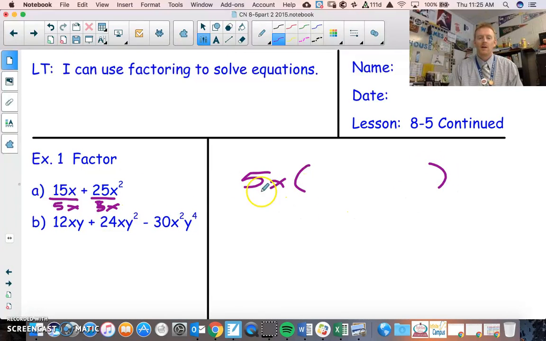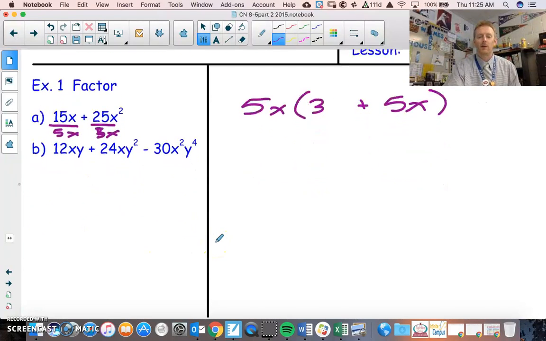The leftover items are what gets left on the inside. When we divide out the 5x, we're left over with 3. And when we divide out a 5x from this 25x squared, we're left with a 5x. And if we were to distribute, we'd see that this was back to what this problem was. So we're undoing the distributive property.